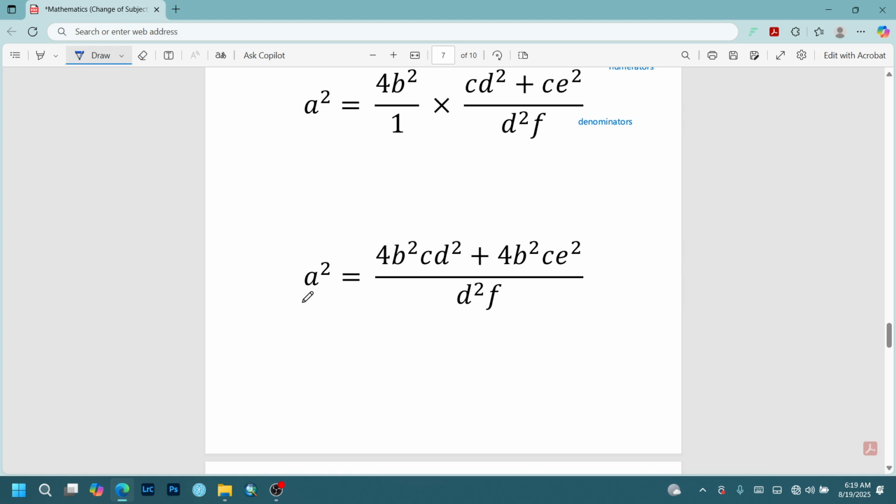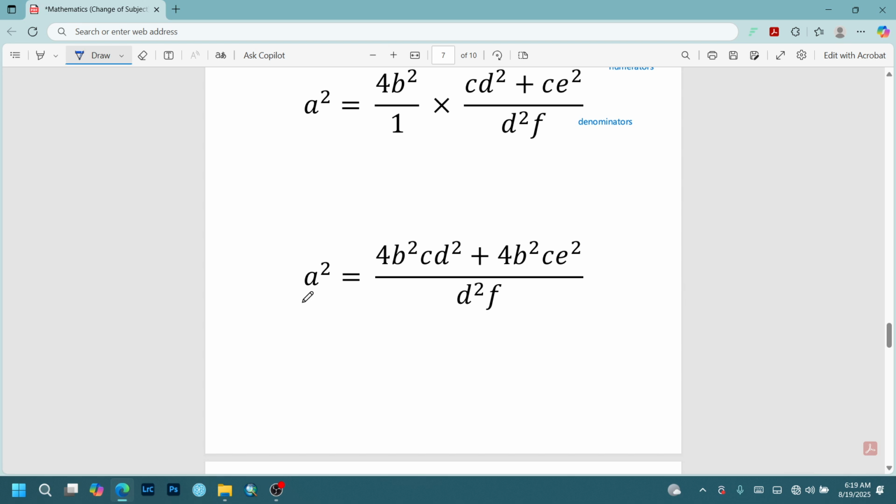As I explained earlier, when it comes to squares and square roots, if it is a square root, in order to eliminate it, you square it. Similarly, if you want to eliminate a square, you bring on board a square root.